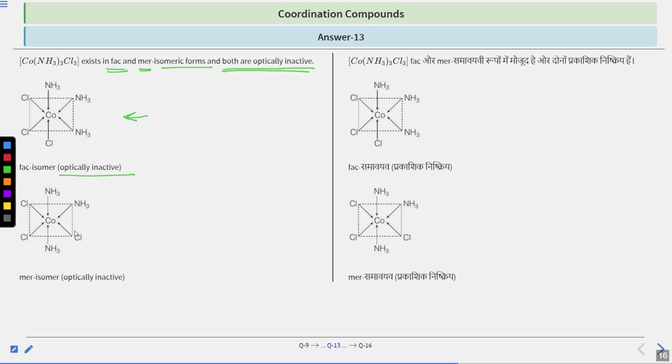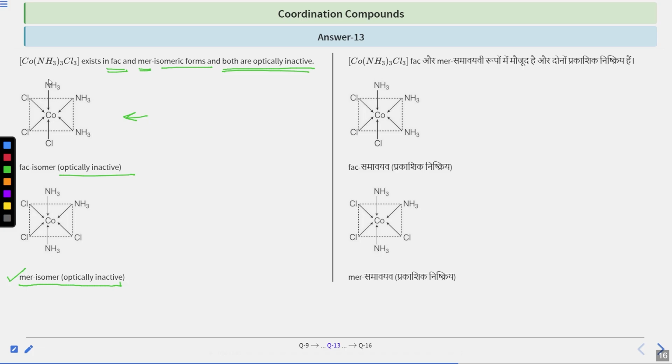And the MER isomer, the meridional isomer, is also optically inactive. You can see cobalt, ammonia twice, Cl, ammonia, Cl2, right? So this is the MER isomer. This is an optically inactive isomer.